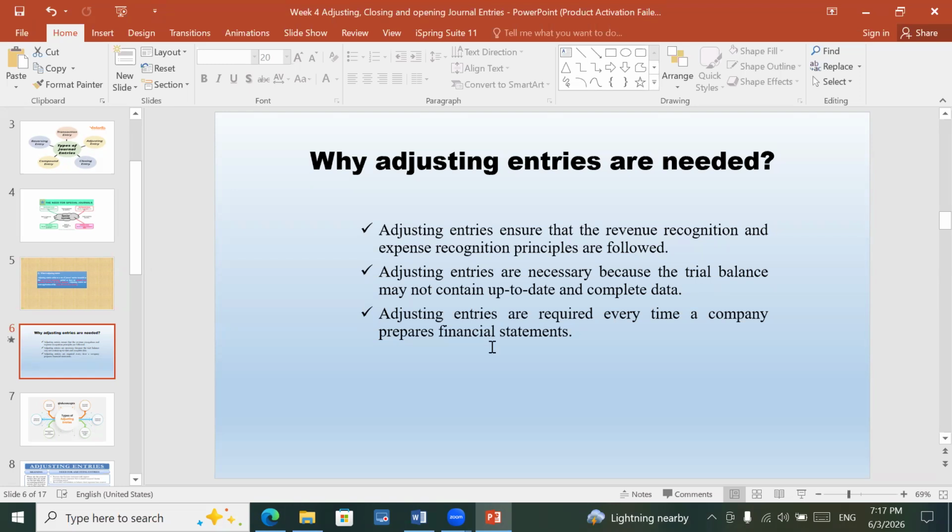Another point, the importance of adjusting entries: adjusting entries are required every time a company prepares a financial statement. To make a financial statement, you have to post the adjusting entries. This is the burning issue, the necessity of adjusting entries.